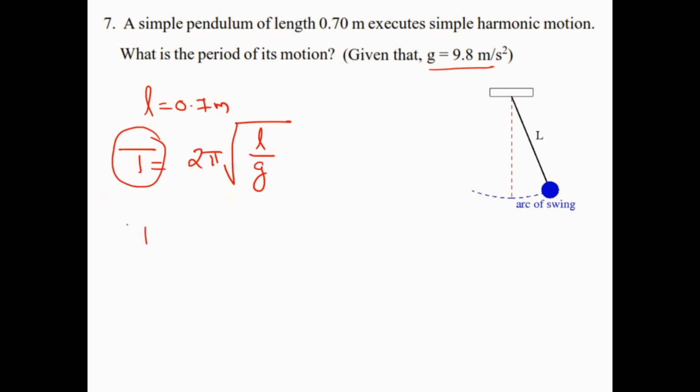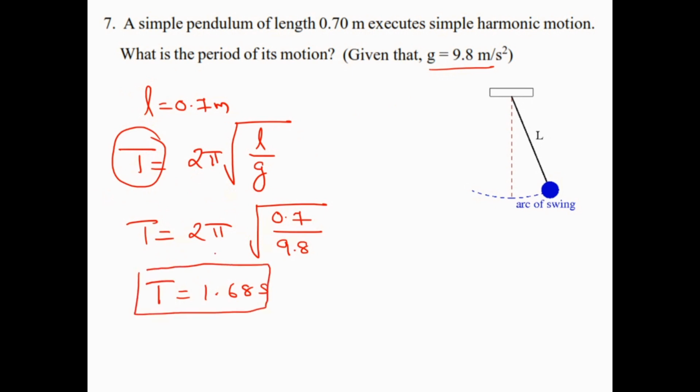So the time period T is equal to 2 pi square root of, the L value here is 0.7 meter over the gravity value 9.8. If you calculate the right hand side of this equation, we will get the answer as 1.68 seconds. So the answer for this question is 1.68 second. Clear?